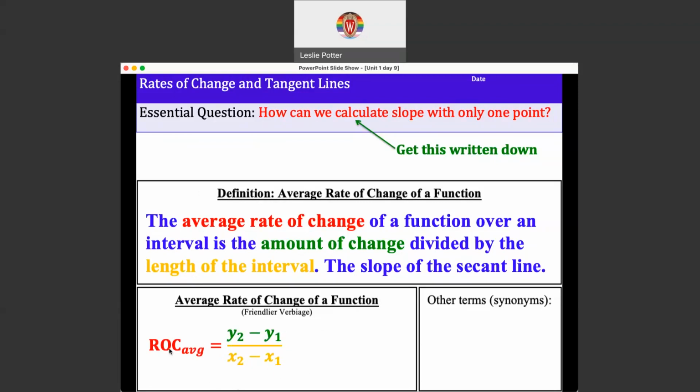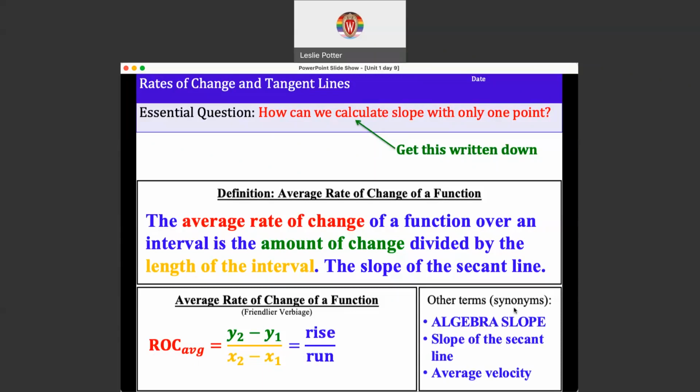ROC is for rate of change, AVG is for average, so this is the average rate of change. That's how we note it when we're doing the calculations. Sometimes we call it rise over run, which goes back to algebra for sure. I also call this the algebra slope, because that's exactly where it comes from.